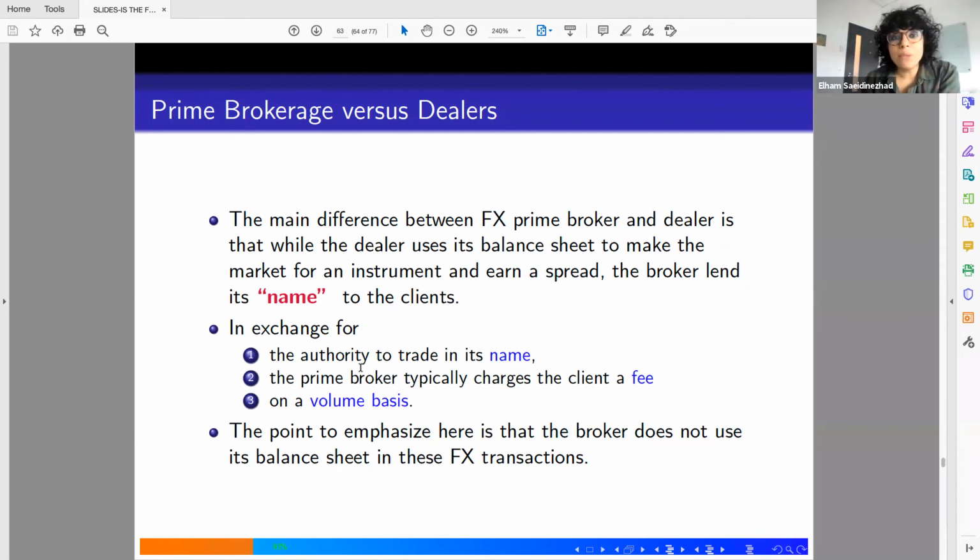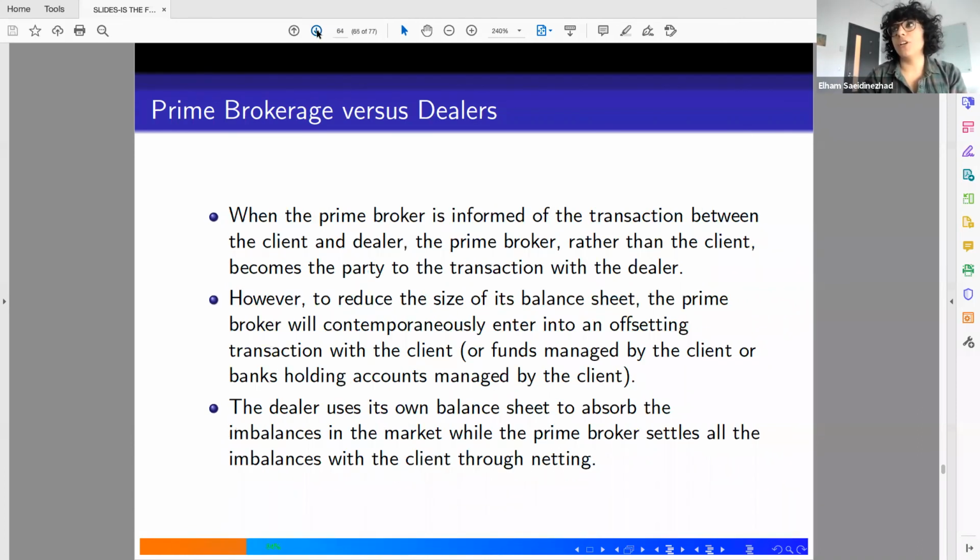And remember, we said this difference between bid and ask price, or the spread, is a measure of funding liquidity in the global dollar market and market liquidity in the FX swap market. By design, prime brokerages, because they are not absorbing any imbalances into their own balance sheet, are going to cause this spread to widen, especially when there is an imbalance in the market. As a result, the liquidity condition is going to deteriorate.